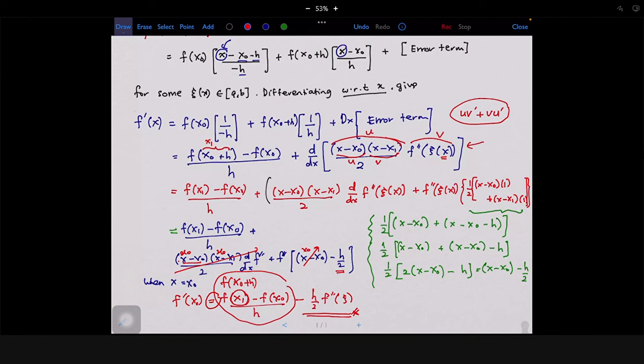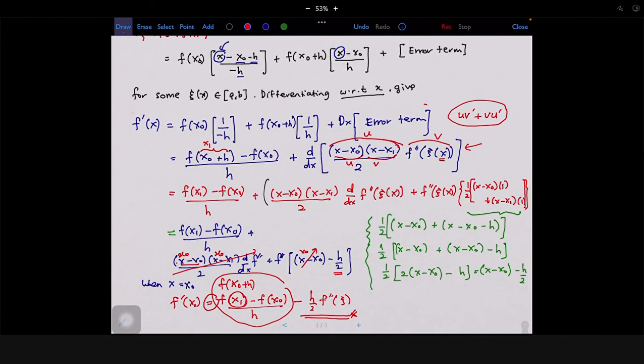In the book, it says one difficulty with the formula is that there is no clear information about the derivative of the error term.